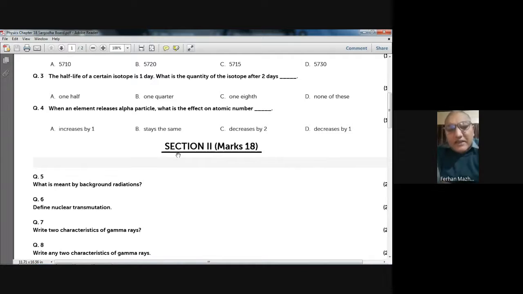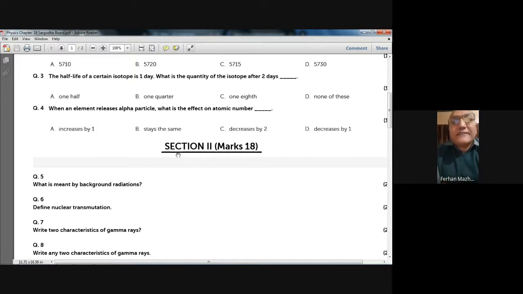When a beta particle is given out, the atomic number will increase by 1. When gamma rays are given out, there is no change in the atomic number. But here he asks a question about alpha particles. So when alpha particles are given out, the atomic number decreases by 2.